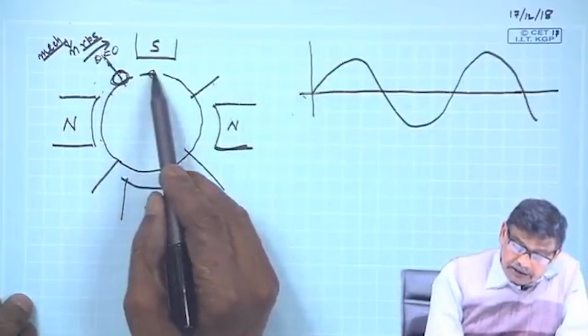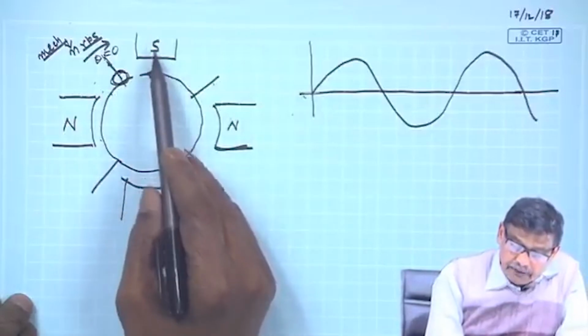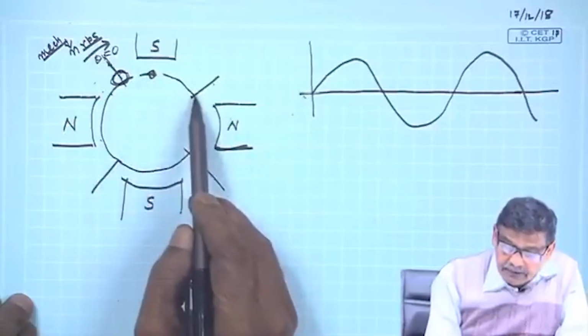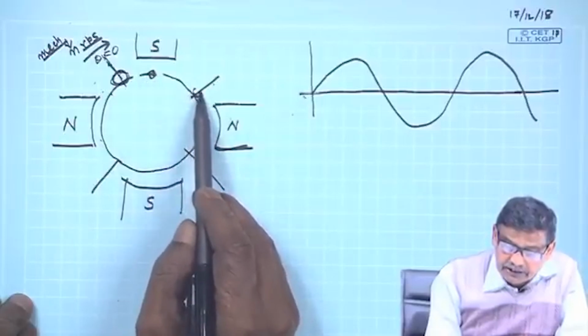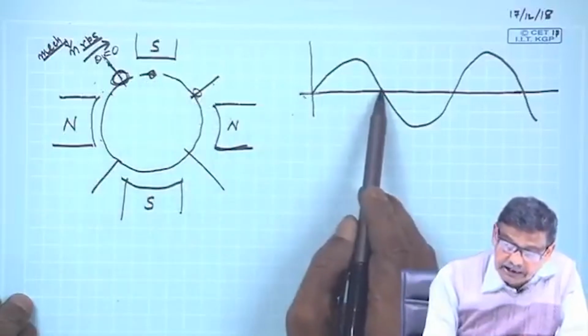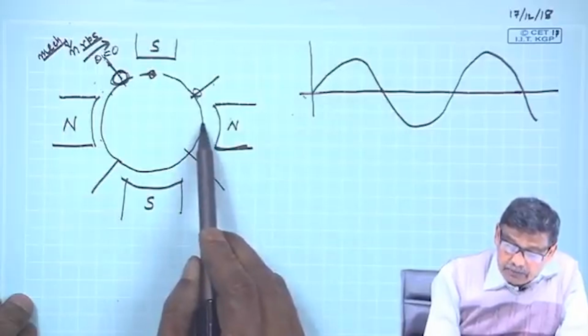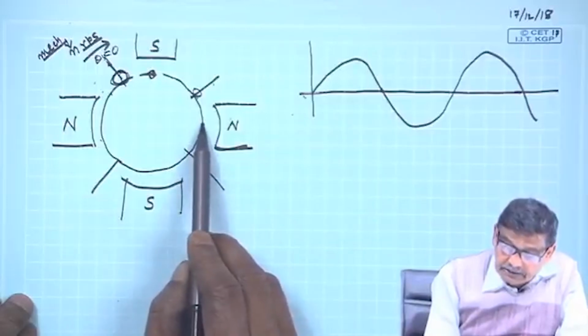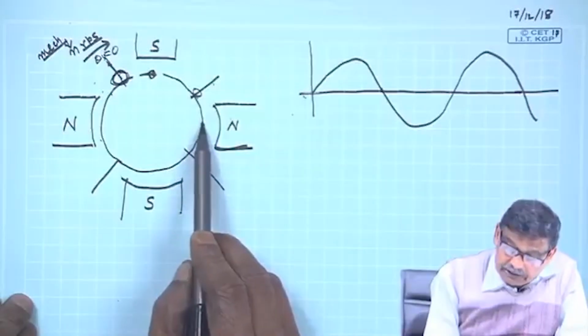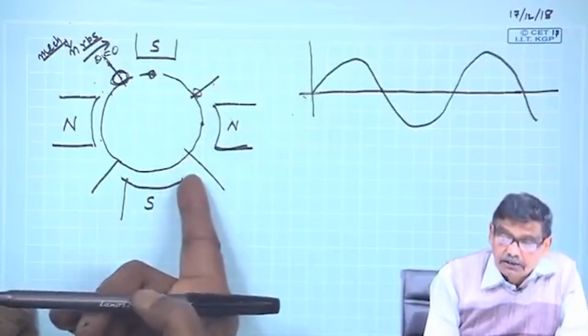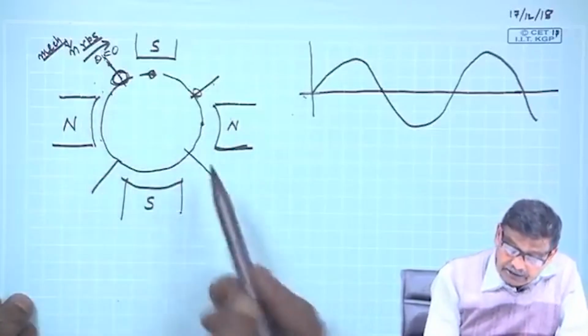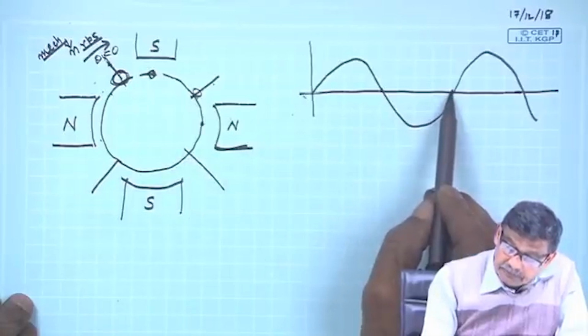Now, it will become maximum here, then when the conductor comes here, voltage will be 0, indicating this point. It will be maximum when it comes here, but in the opposite sense, because it is now under the north pole. Same conductor, once again 0 here.